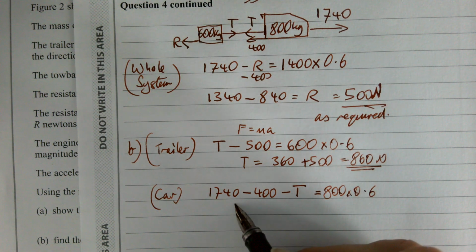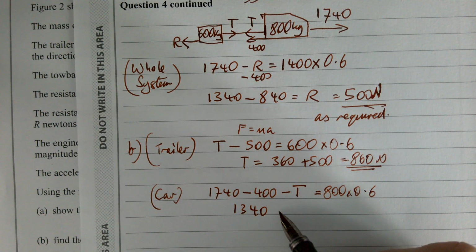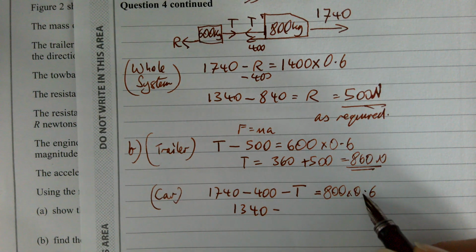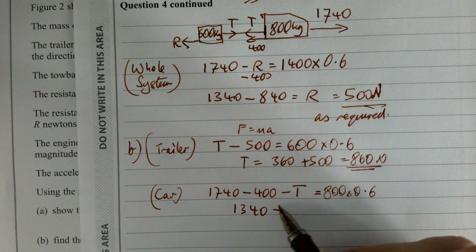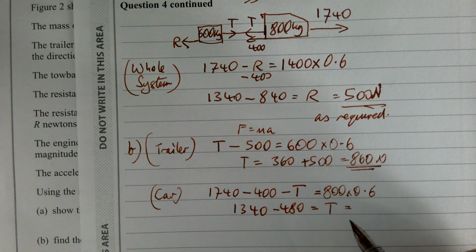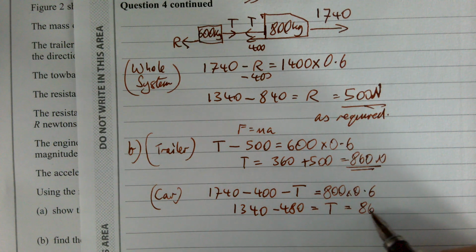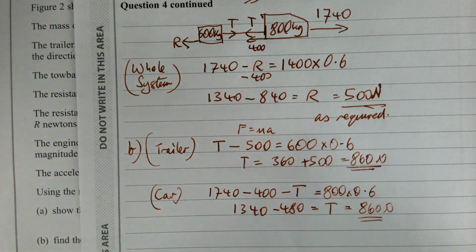So if I take the 400 away, that's 1340, minus 480, and that's going to be equal to T. Take 480 away from 1340 is indeed 860 newtons, so it still works.